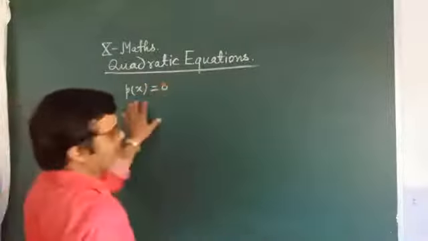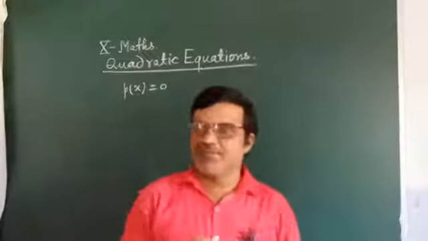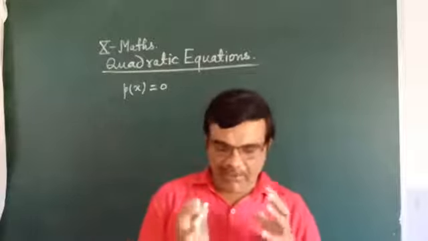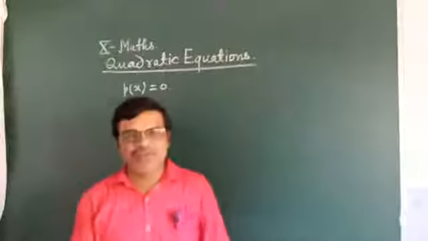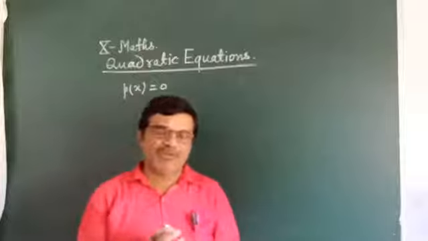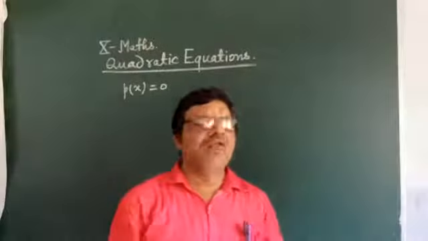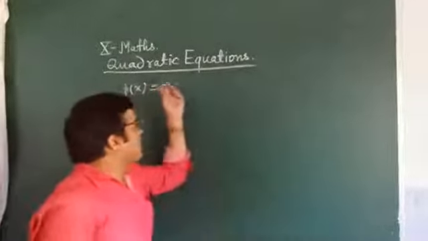A polynomial p(x) equal to 0, where p(x) is a quadratic polynomial, is called a quadratic equation.